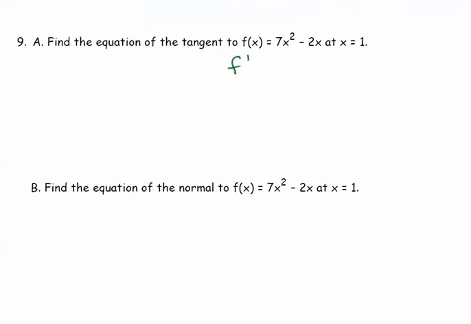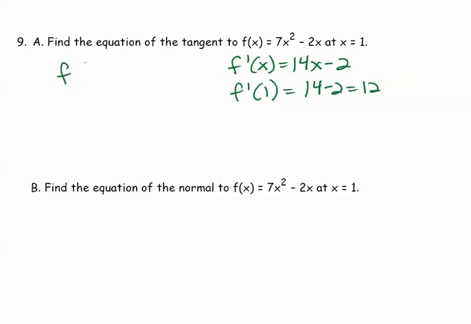We can quickly find f prime of x here using our power rule. So we can find the slope of our tangent line by substituting. So our slope of our tangent will be 12, and we need a y-coordinate on f. So we'll have 7 minus 2 or 5. So our point of tangency and our slope.